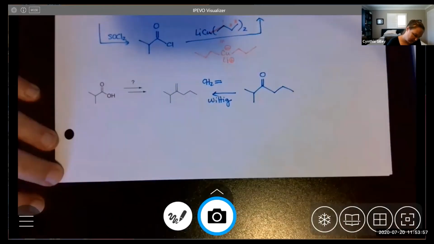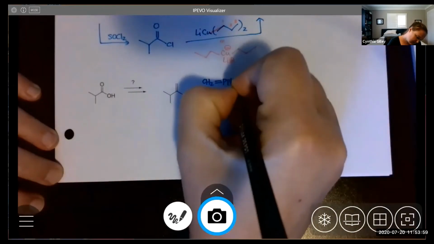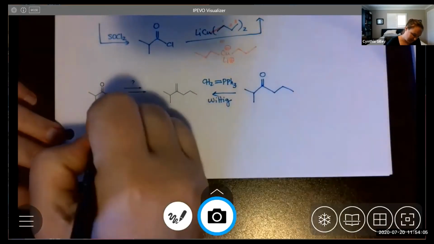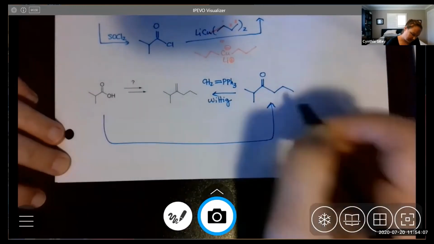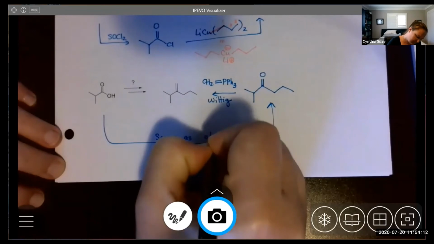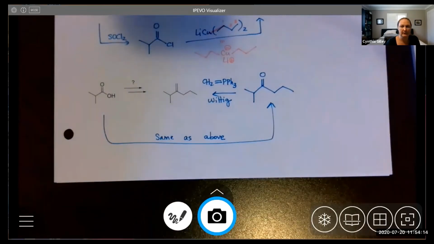So we'll just do the ylide. The steps to get from here to here are the same as above.